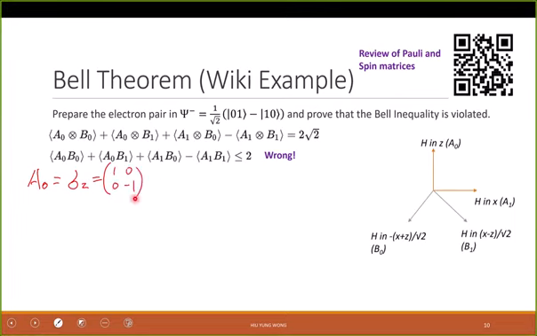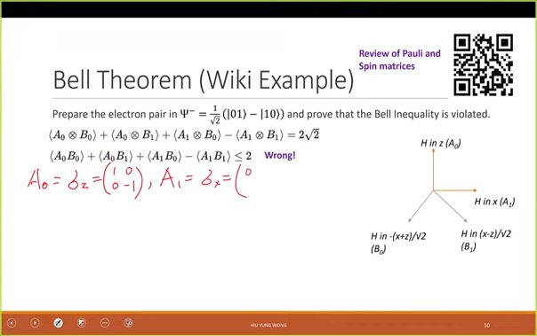And again, we discussed all these Pauli matrices in this link already. How about A1? It's in the x direction. Sigma x, very good, which is 0, 1, 1, 0, right?